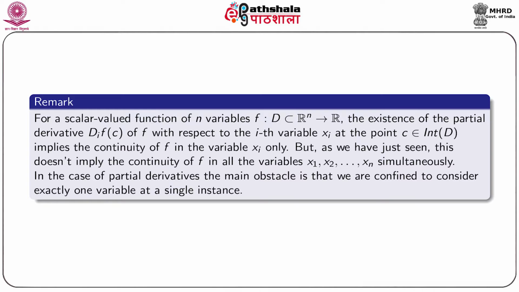But this does not imply the continuity of f with respect to all the variables x_1, x_2, ..., x_n simultaneously. In the case of partial derivatives, the main obstacle is that whenever we consider a partial derivative, we confine ourselves to exactly one variable at a single instance.